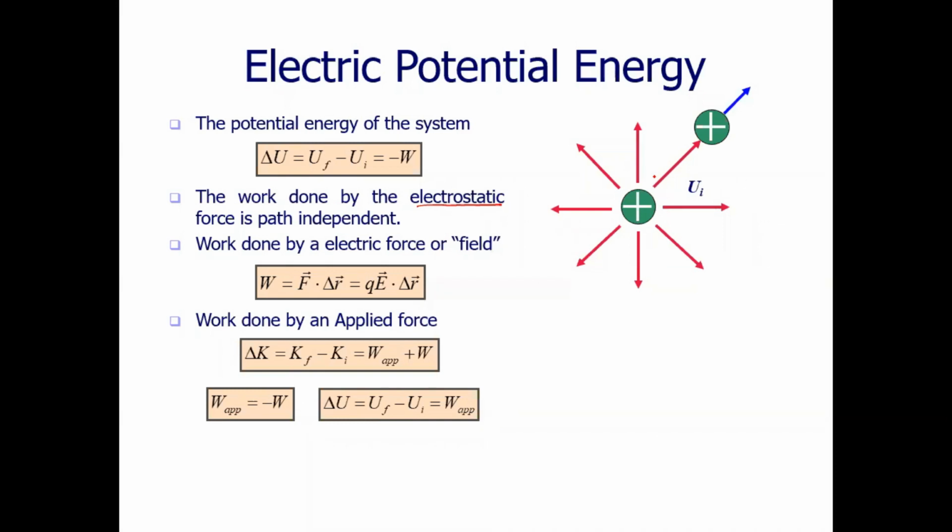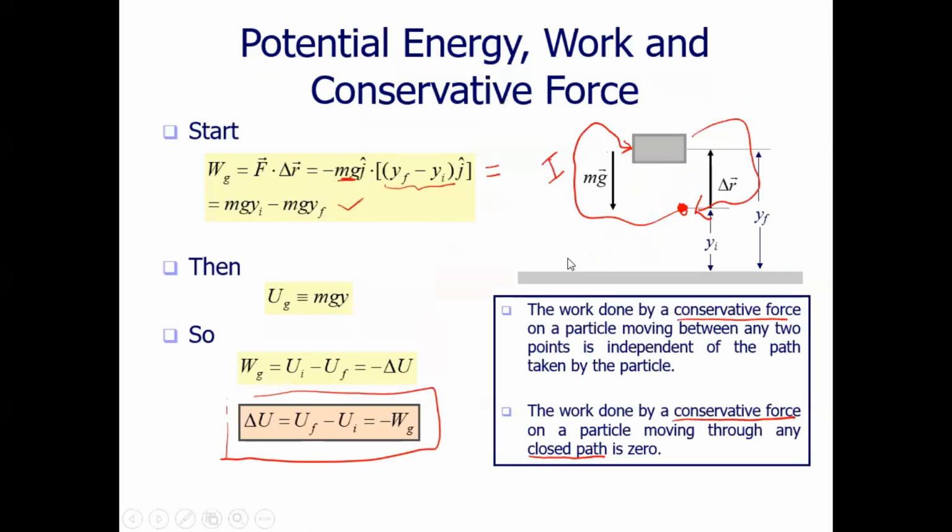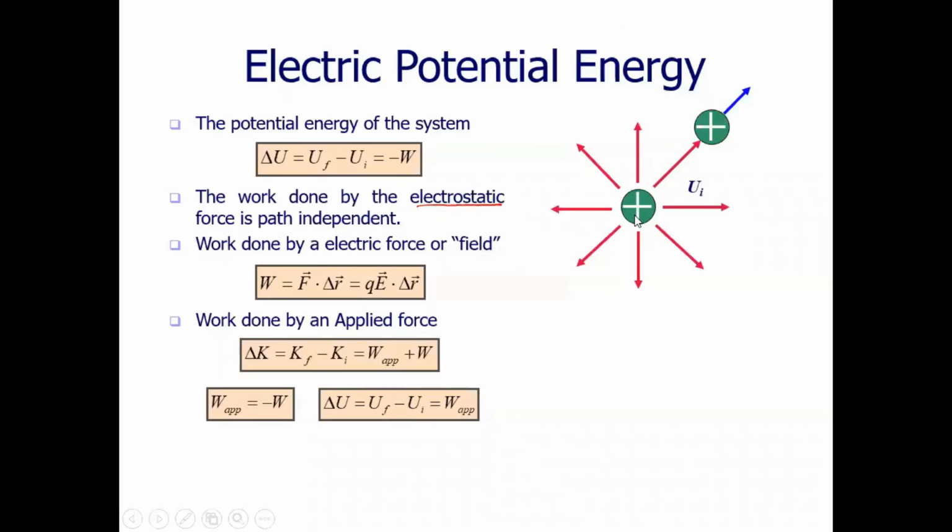Now, let us try to look at the work that is done. For instance, let us say you have this charge. This charge is producing an electric field, shown in red. This point charge is producing an electric field radially outwards.